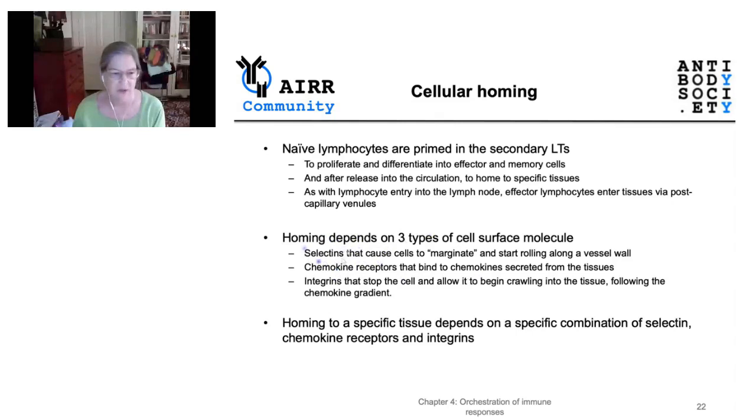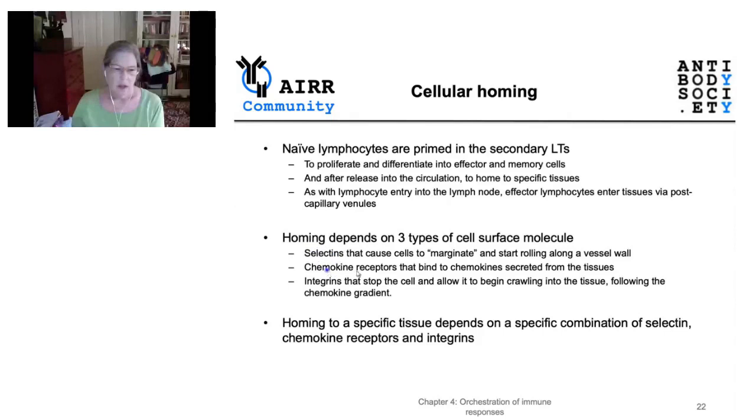You have selectins that are going to cause lymphocytes to what we call marginate in the capillaries and the post-capillary, so that by the time they hit the post-capillary venule, they're rolling along and they can walk out at the level of the post-capillary venule. Selectins, like their name implies, bind to carbohydrate moieties that are attached to proteins typically.